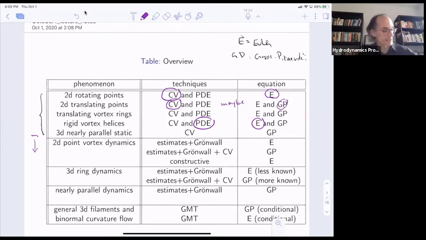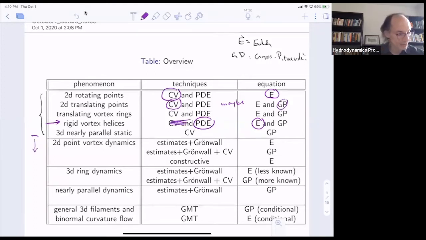I should say, these rigid vortex helices are 3D solutions in which the vorticity lives along a helix, and it moves by a combination of a vertical translation and a rotation. These are mildly exotic solutions, and we'll see if we can construct those. Actually, I believe I made a mistake here, because this paper is kind of new.